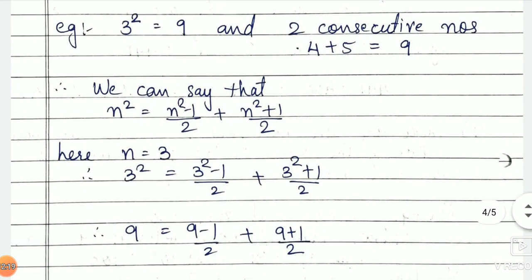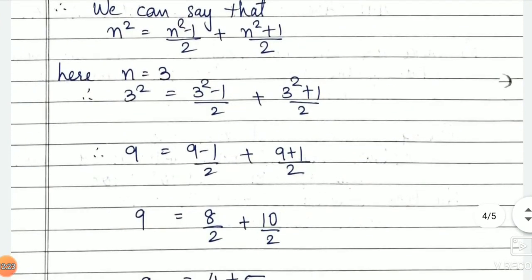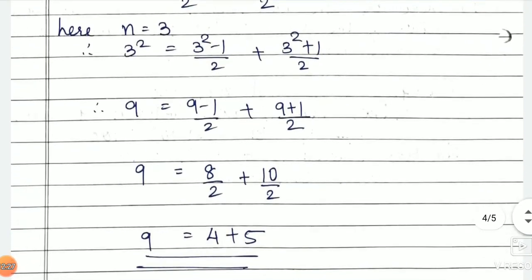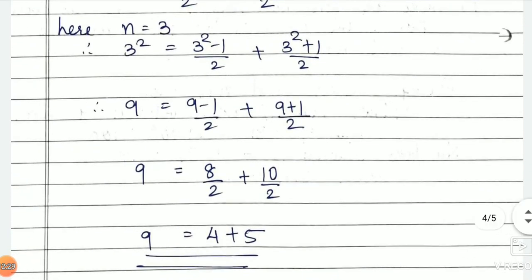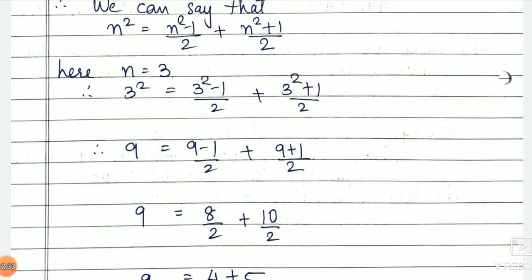Then (9 minus 1) by 2 is 8 by 2, which is 4. And (9 plus 1) by 2, that is 10 by 2, is 5. So 4 plus 5 is 9. So we get the relation n squared is equal to (n squared minus 1) by 2 plus (n squared plus 1) by 2.